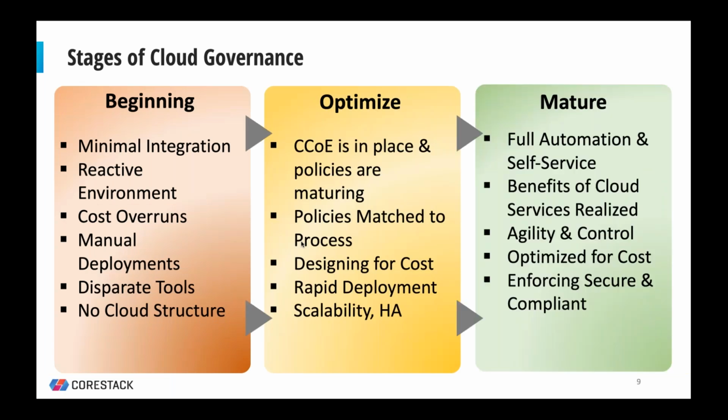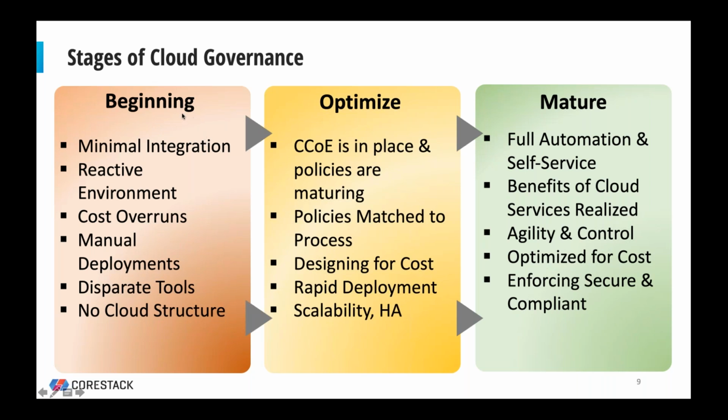So there's 3 stages of cloud governance, and these aren't official like industry standard stages. So imagine these silos as being blurred a little bit. But what we find is most enterprises we are talking to are between beginning and optimize.